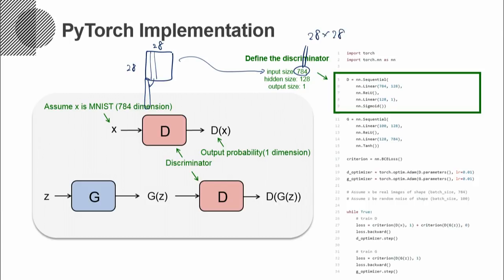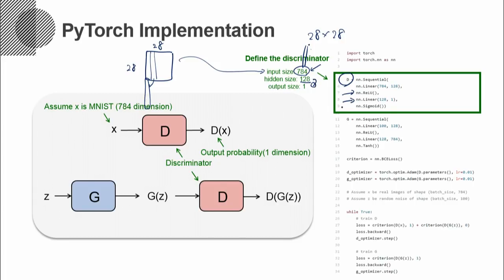For our discriminator part, let's consider a fully connected neural network that first reduces the dimension of this input vector into a 128-dimensional vector internally, then goes through the nonlinear unit ReLU, and then another fully connected layer that reduces this dimension into one single scalar value.